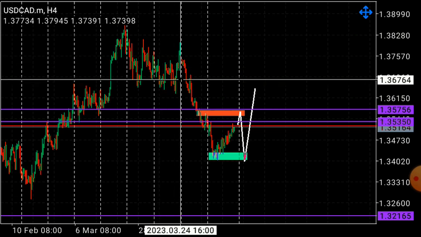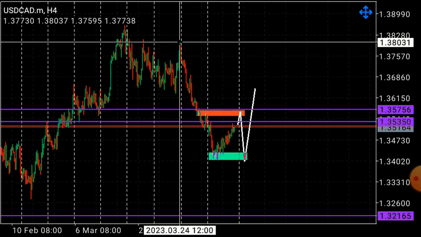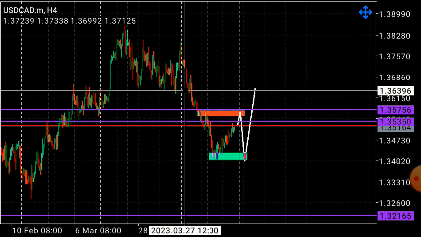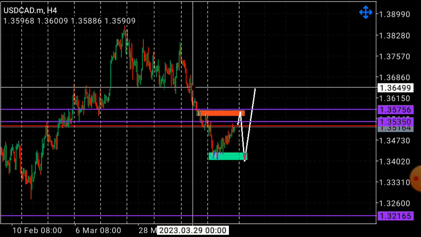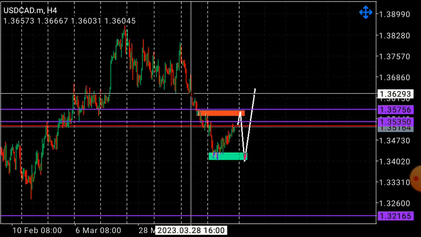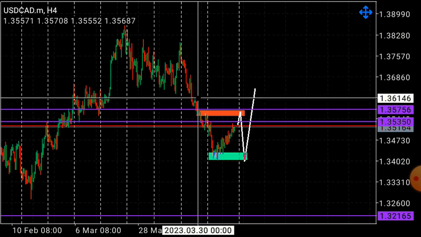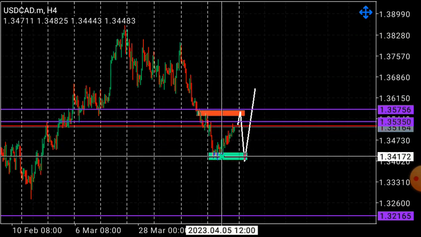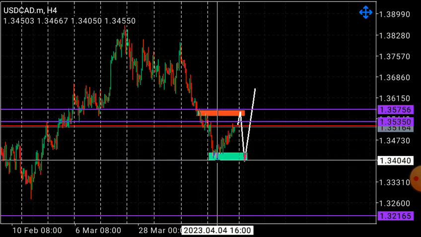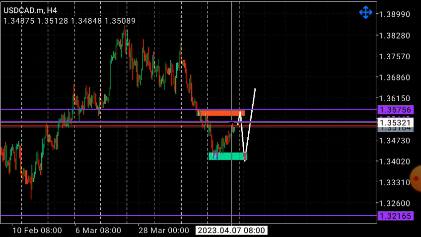Then sellers came in hard, and price broke out of the low, impulsing, breaking even further, pulling back, and dropping just like a rock. Currently price found a low, and it's looking to test the previous breakout from there.